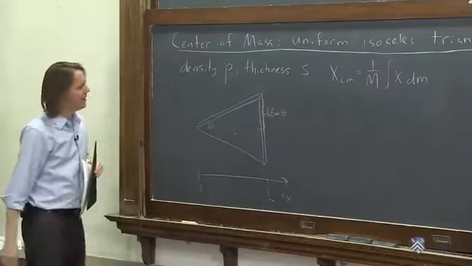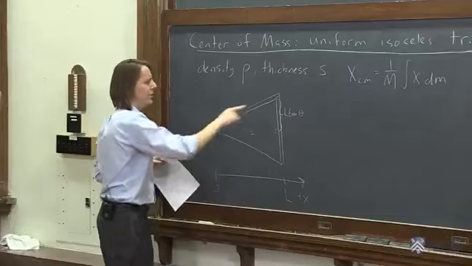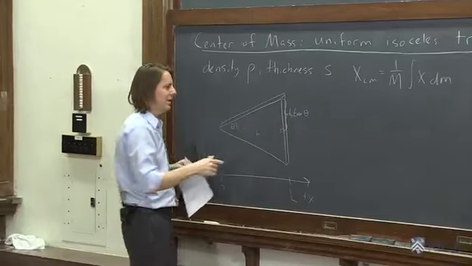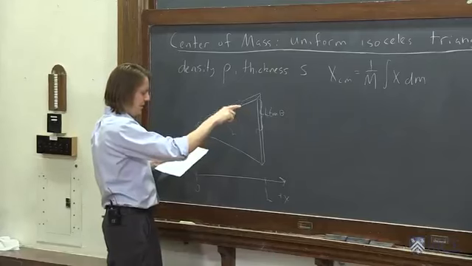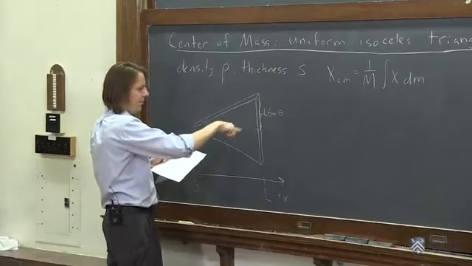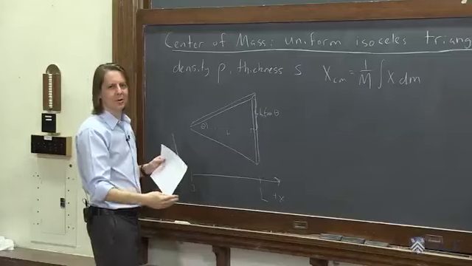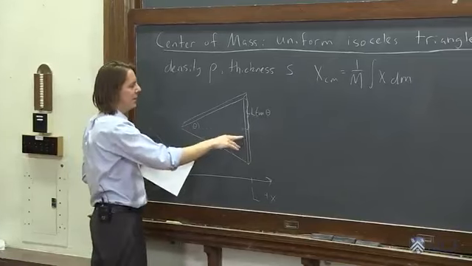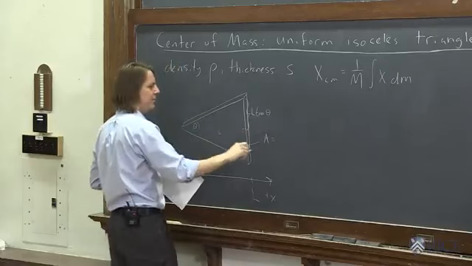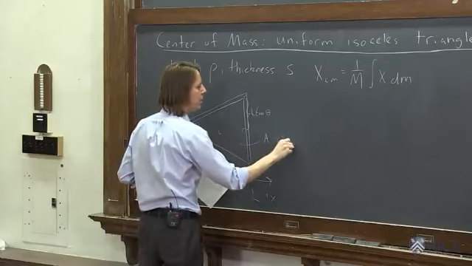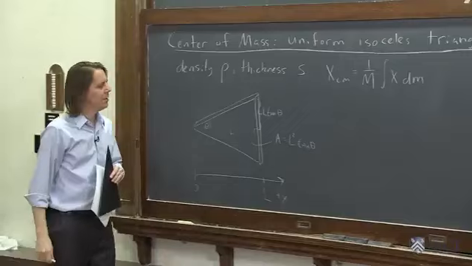Okay, and if I want the area of this little triangle, it's 1/2 base times height. So it's 1/2 L tangent theta times L, right? But then there's two of them, so the half kind of goes away. So this area is L tangent theta times L, so L squared tangent theta, right?